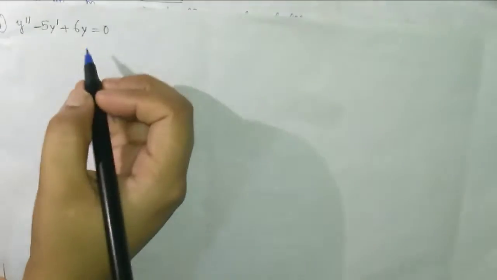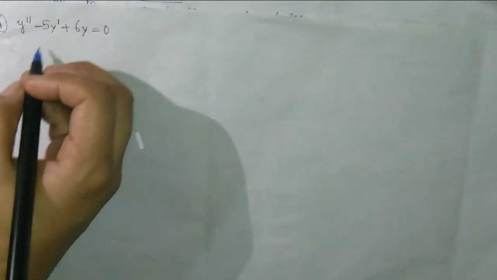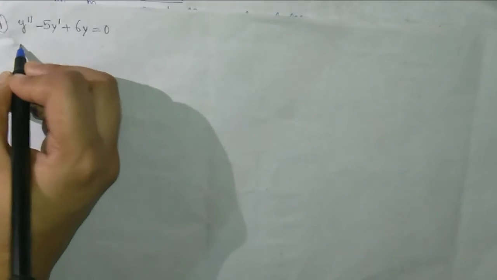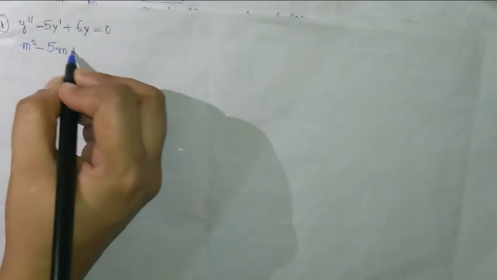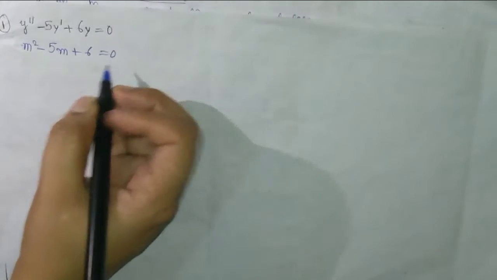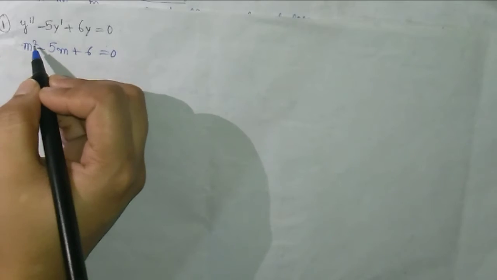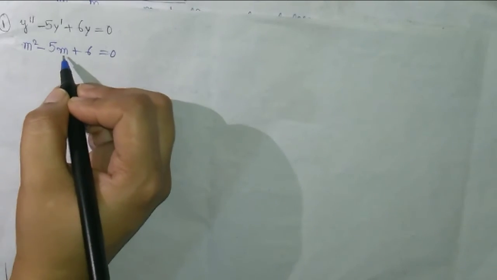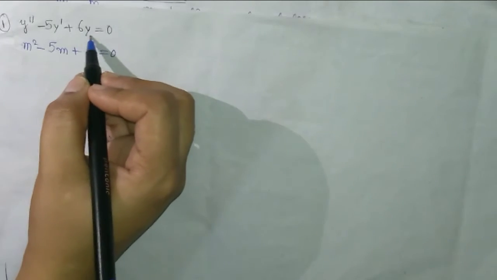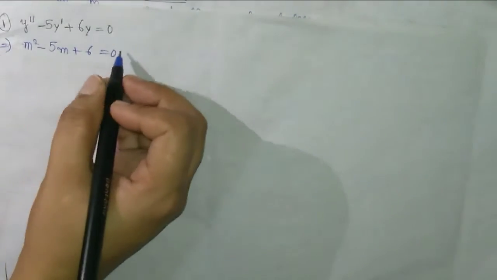So now let us see how to find the complementary function of this. Its auxiliary equation is given by m^2 minus 5m plus 6 equals 0. Where there is y'', in place of this we will use m^2. Where there is y', in place of that we will use m, and where there is y, we will use 1. So this is the auxiliary equation.